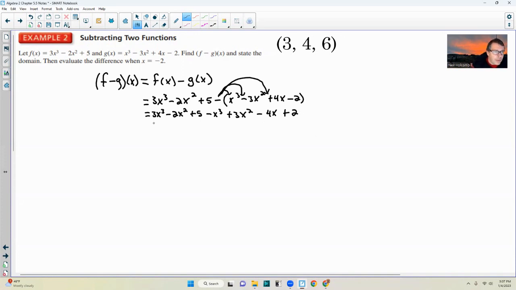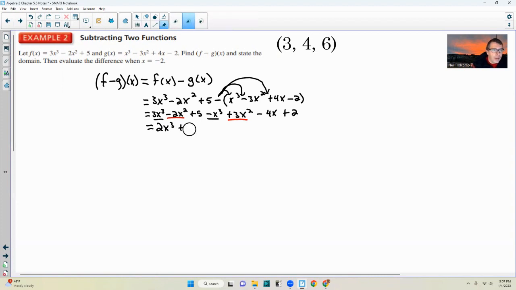Okay, so now I'm going to combine like terms. So 3x cubed minus 1x cubed is 2x cubed. Let me change colors now. Minus 2x squared plus 3x squared would be plus 1x squared, or just plus x squared.